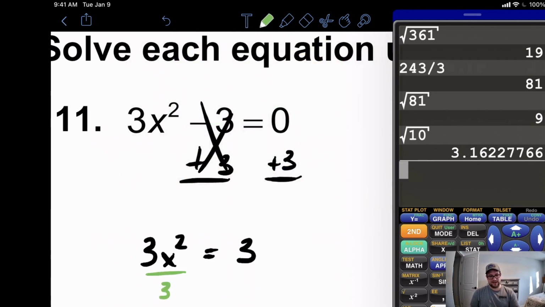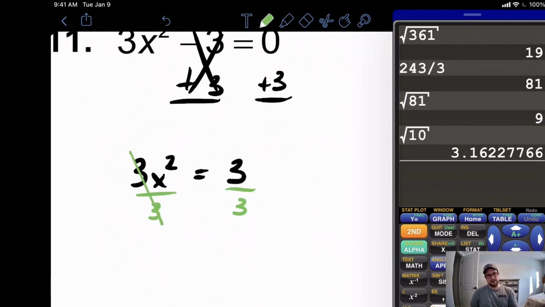So we're going to divide both sides by 3. Notice how I'm not just taking the square root of both sides because I need to get x squared alone first. Those two pieces cancel off, and you're going to be left with x squared is equal to 3 divided by 3 is 1.